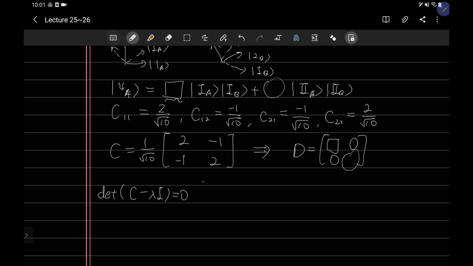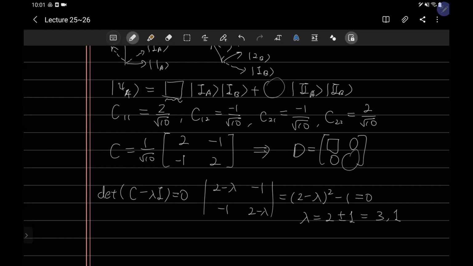So that means this will turn into minus lambda, minus 1, and 2 minus lambda, so it is (2 minus lambda) squared minus 1, and this should be 0. So that means lambda should be 2 plus or minus 1, which is either 3 or 1.